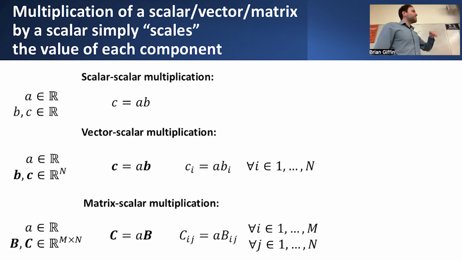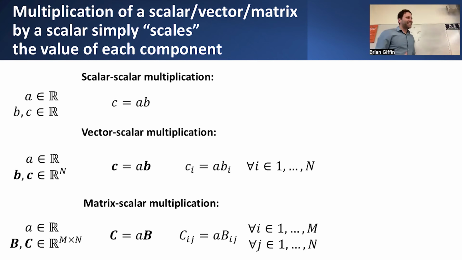All right, but that's the basic idea behind vectors, matrices, and scalars. And in general, there are different ways that we can have these different quantities interact with each other. Certainly, there's scalar multiplication, basically taking a single number and multiplying it by another scalar, multiplying a scalar by a vector, or multiplying a scalar by a matrix.